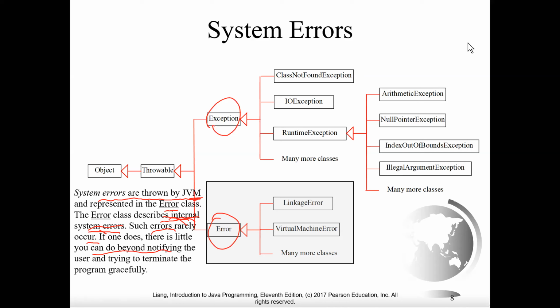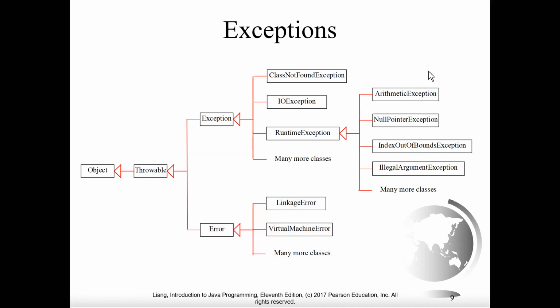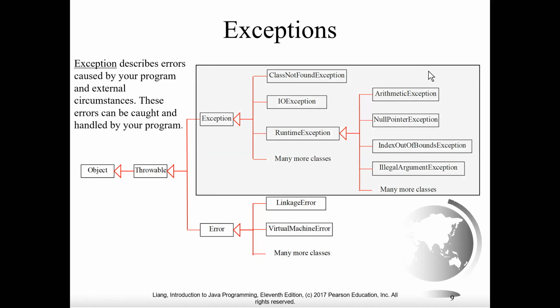And the arithmetic exception and illegal argument exception, like those we learned, belong under the RuntimeException, and RuntimeException is a subclass of Exception. They are all under Exception. Exceptions describe errors caused by the program and some external circumstances.